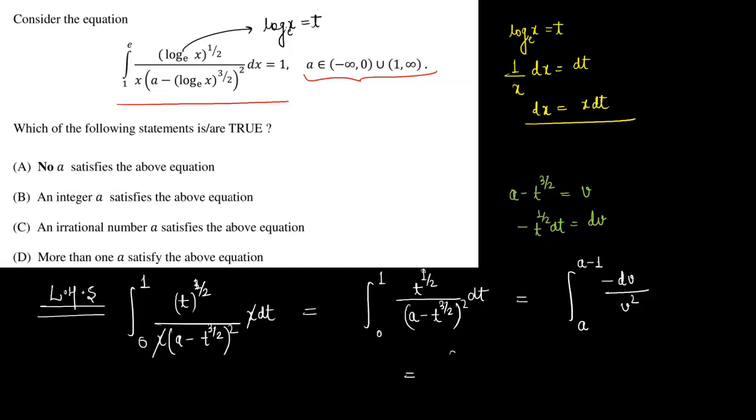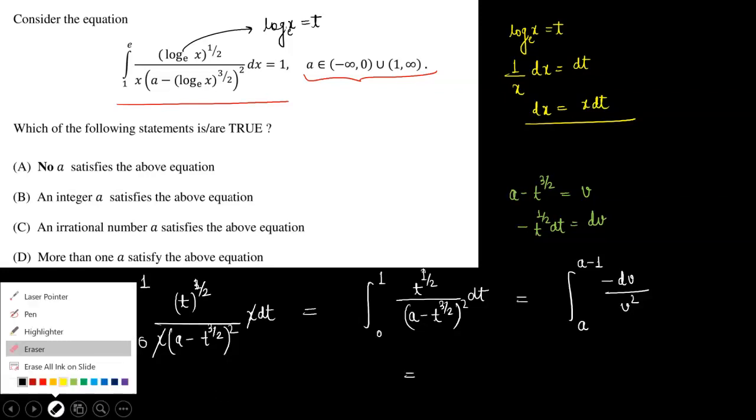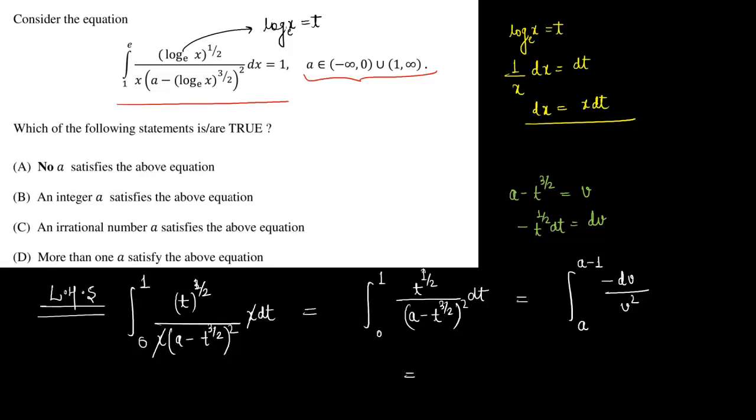After that, on integrating, we will have minus of v to the power minus 1 upon minus 1, from a to a minus 1.